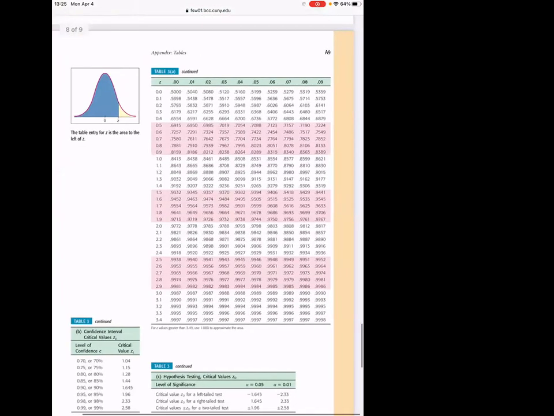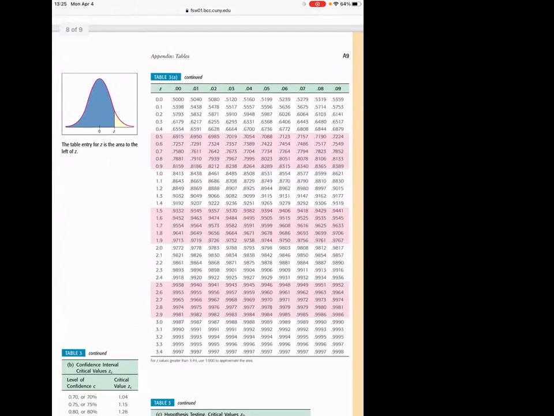The second page starts with Z 0.0, then 0.1, 0.2, and then we need to go to 1.5. Then for the nearest hundredth, we check the top, 0.00. So the value next to 1.5 is 0.9332. You see the 0.9332? Yes, I do.